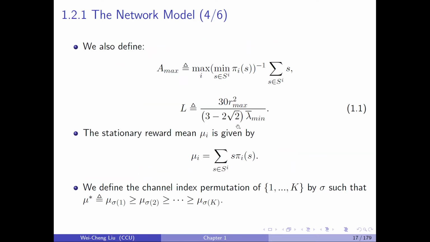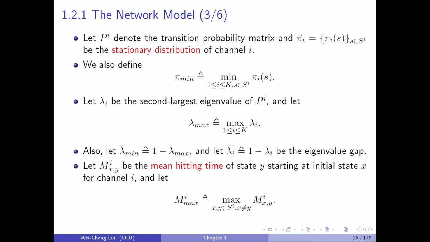Okay, let us go back to L. And there is another symbol, lambda bar minima in L. Let us see lambda bar minima. Lambda bar minima is defined as 1 minus lambda maxima, and lambda maxima is defined as the maximum of lambda I, where 1 is smaller than or equal to I, and I is smaller than or equal to capital K, and K is the number of the channels.